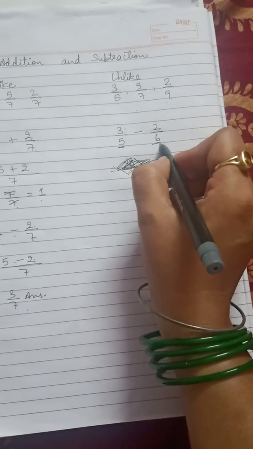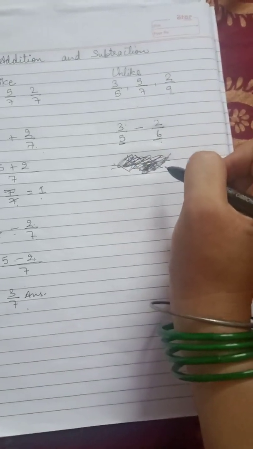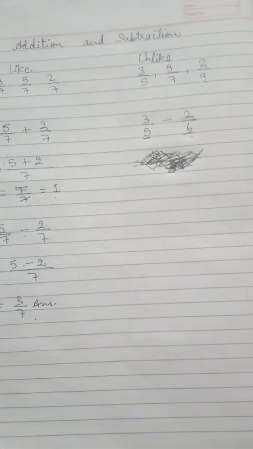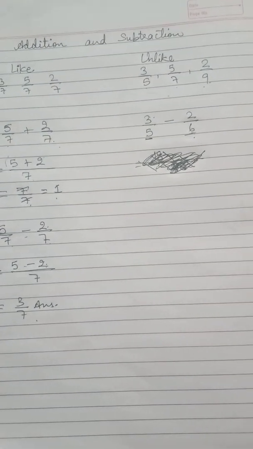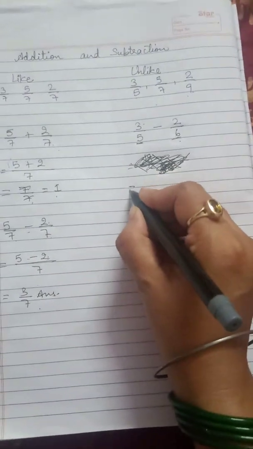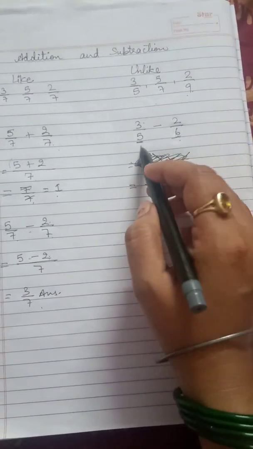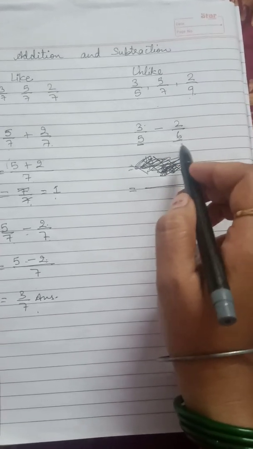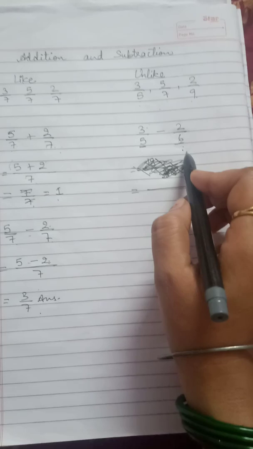You can see here these are consecutive numbers. 5 and 6 are consecutive numbers. So here in this case we have to take the LCM of the denominators. If the denominators are different, we just take the LCM of denominators.